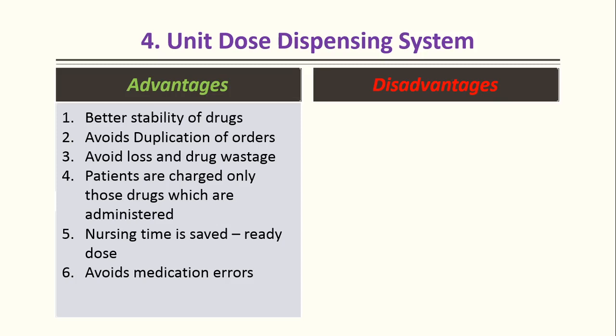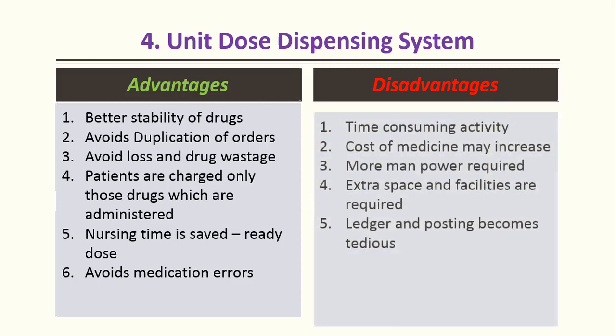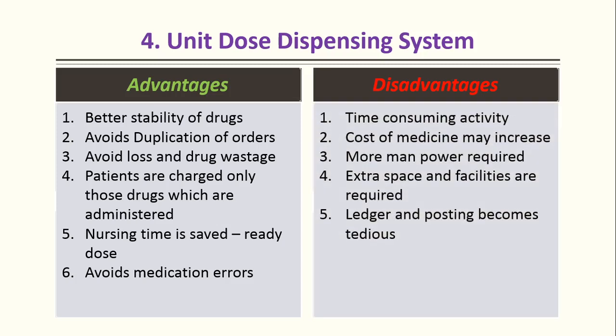Let's see some disadvantages of unit dose dispensing system. Here the system is time consuming, so more time is required. Definitely it requires time, because there is a conversion of bulk drug into a unit dose, so it requires more time for packaging, as well as the cost of medicine will be increased.